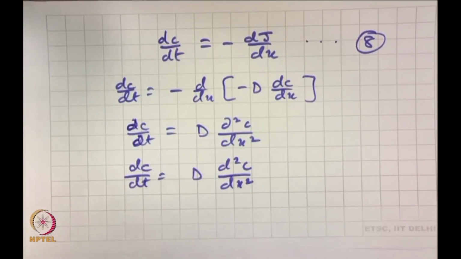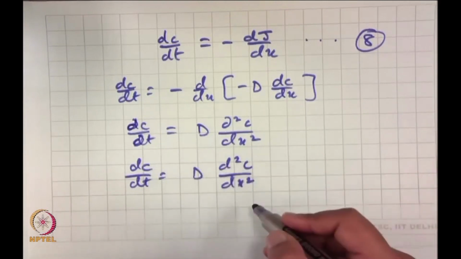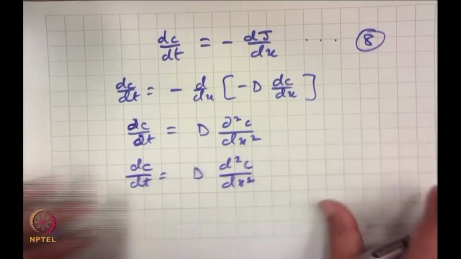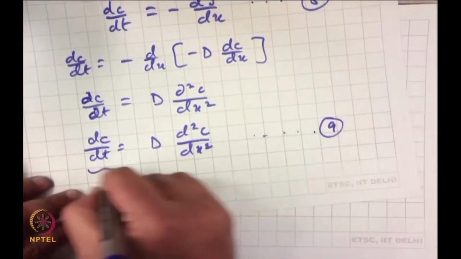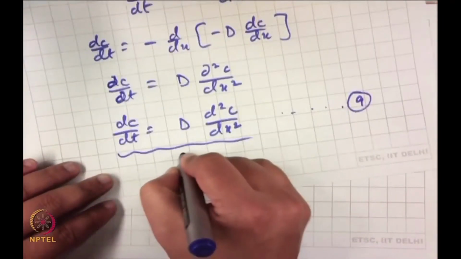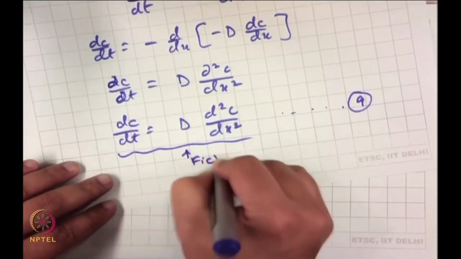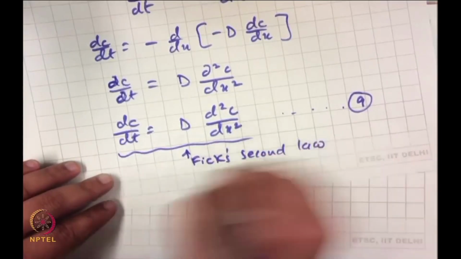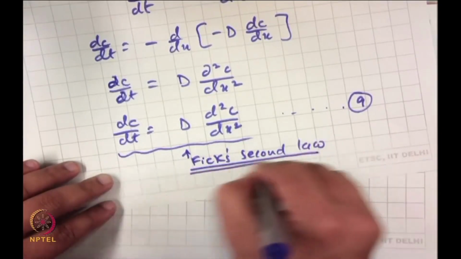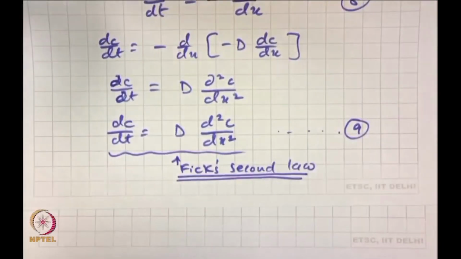So, anyway, ∂C/∂t is equal to D ∂²C/∂x². This is equation number 9, and please remember this is Fick's second law of diffusion.